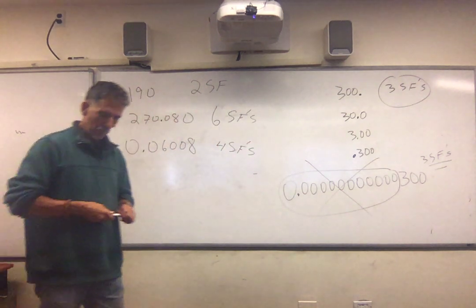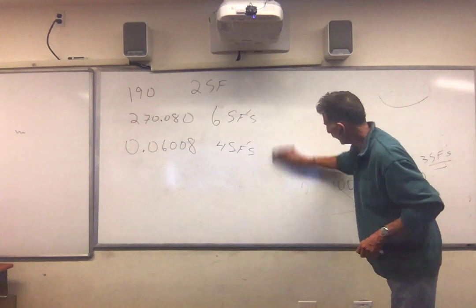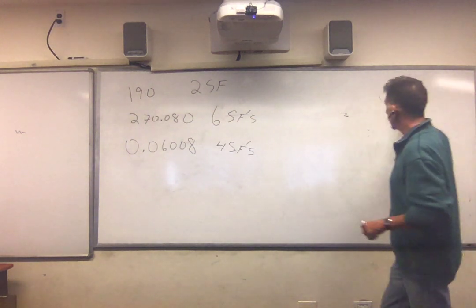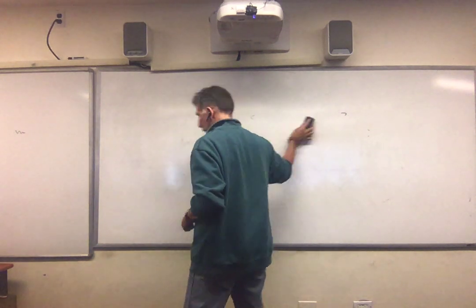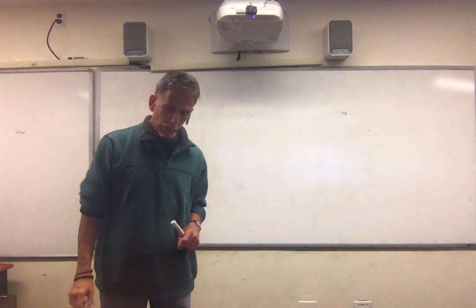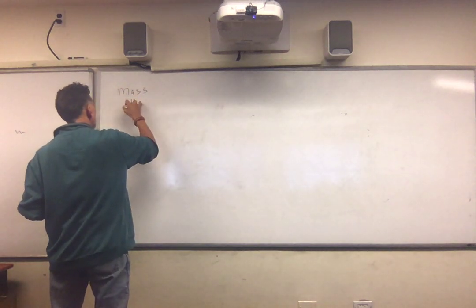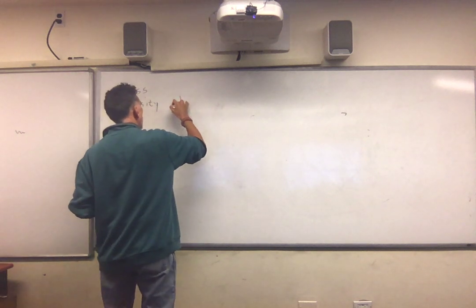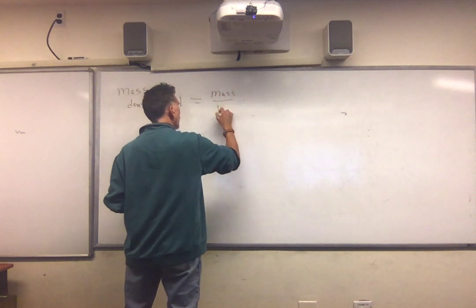Okay? And once again, there's plenty of practice on Blackboard. Let's see how we use this. Why do we care about significant figures? Well, our first equation, really, and we did this in lab, was for mass density. We'll use the symbol D. Density is mass over volume.